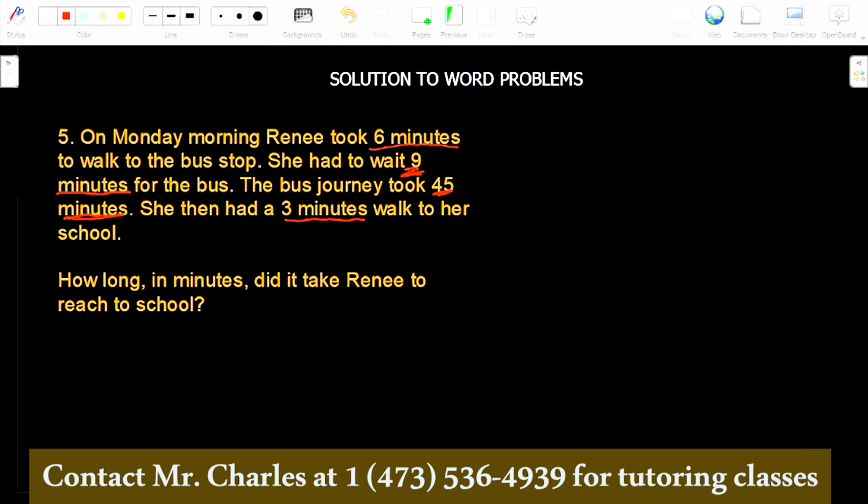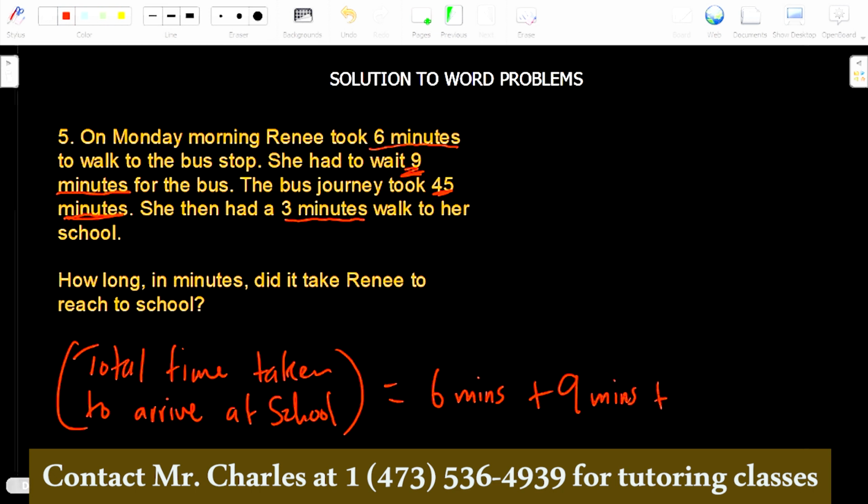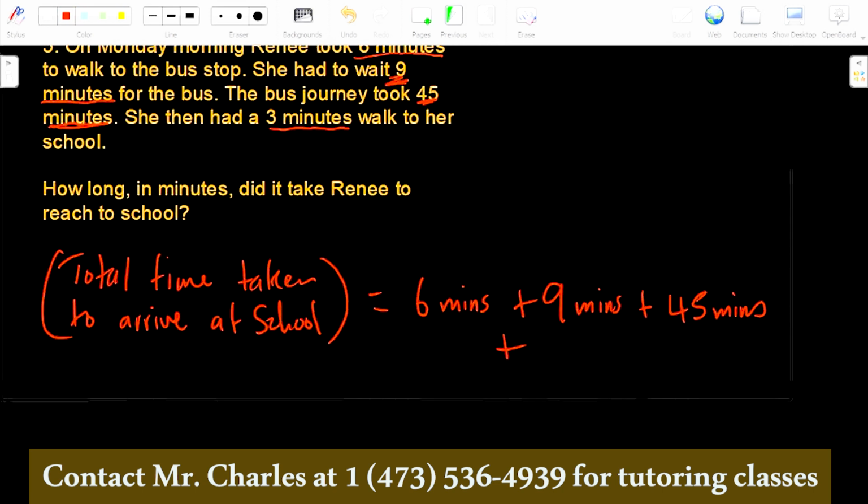So the total time taken to arrive at school would be equal to the 6 minutes, plus the 9 minutes, plus the 45 minutes, plus the additional 3 minutes to get to the school from the drop-off point.